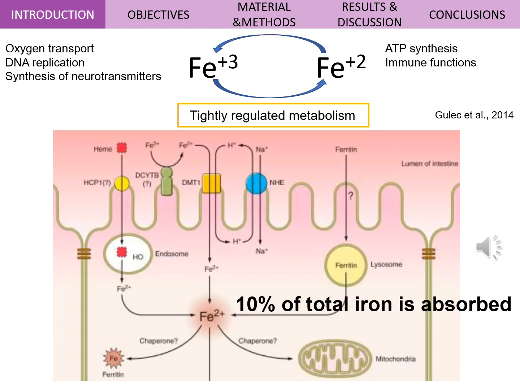Iron is a very versatile micronutrient, and it can act either as an electron acceptor or an electron donor. This makes it suitable to be involved in a wide variety of biological functions, such as oxygen transport, DNA replication, or synthesis of neurotransmitters. Iron metabolism is a tightly regulated process because both iron excess and iron deficiency are detrimental to human health.